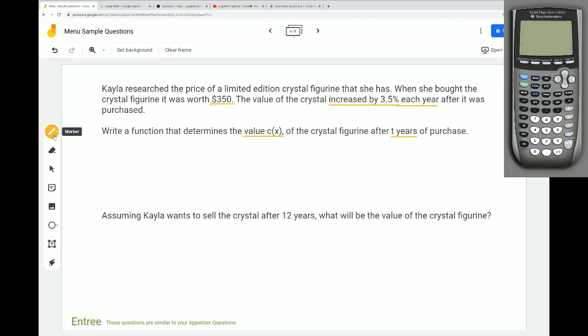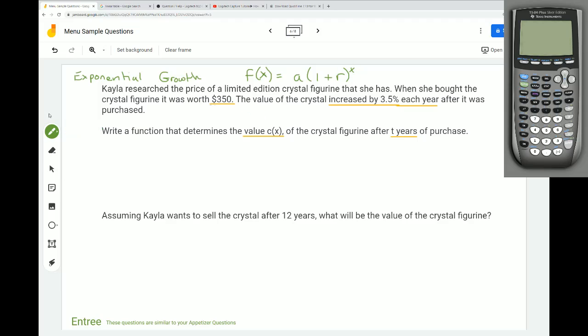And we know that since it's increasing, we're looking at exponential growth. And something to remember for this is the exponential growth function is represented as f of x is equal to a times 1 plus r to the x power.